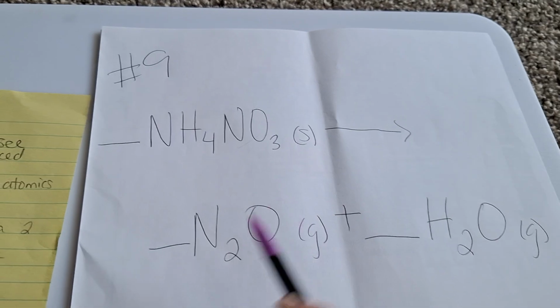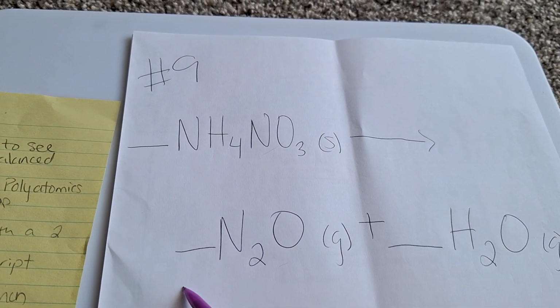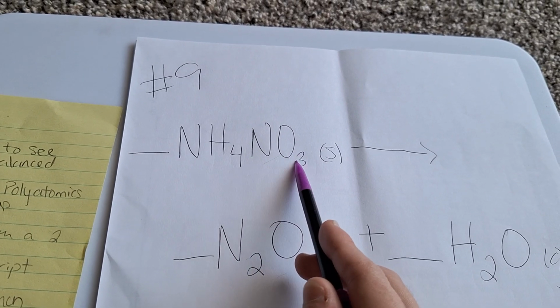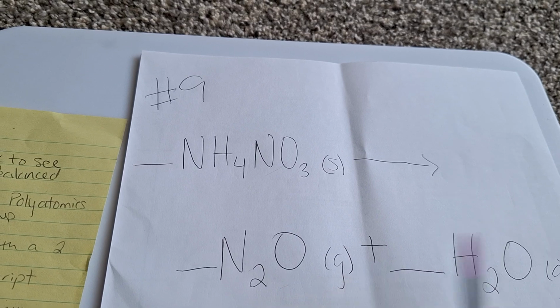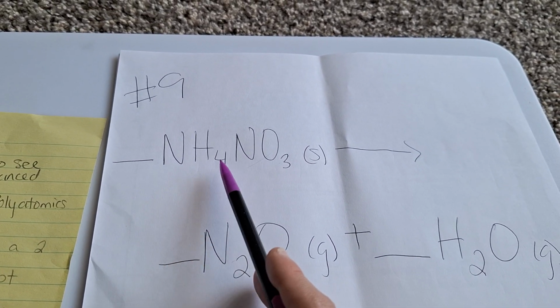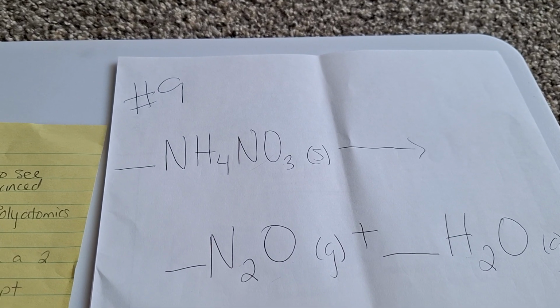So we have 2 nitrogens here, 2 nitrogens there. We have 3 oxygens and then 2 oxygens, so our oxygens aren't balanced, and neither are our hydrogens. We have 4 hydrogens, 2 hydrogens.